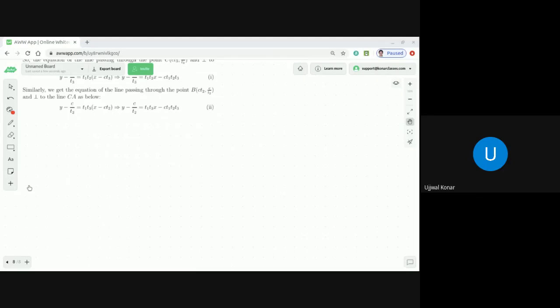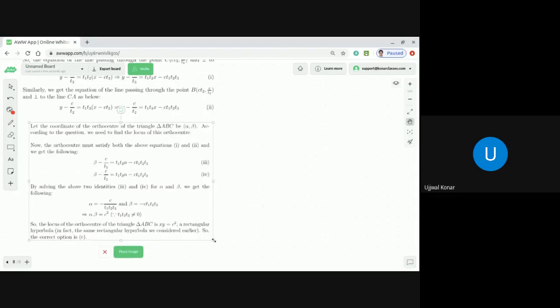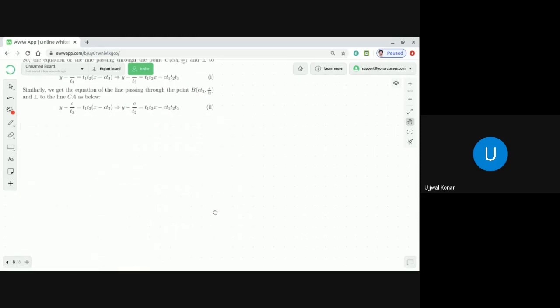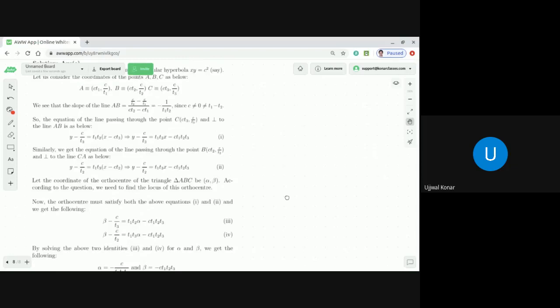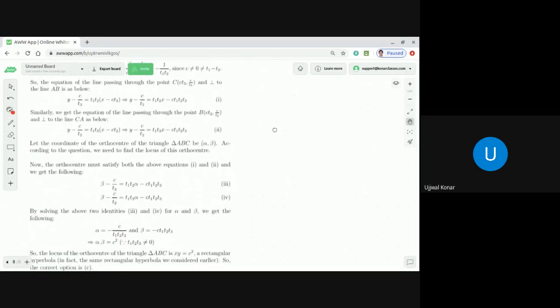Then the next part is something like this. I think you get a little confused about the orthocenter or where? You can let me know by looking into the solution exactly where you face difficulty or you took a different approach.